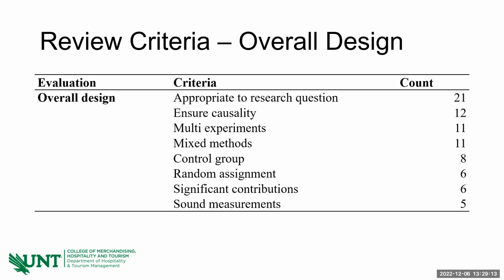When we look at their review criteria, first of all, the overall design. As I said before, you have to look at the research question and see if it is suitable for experimental design, and what the theoretical contribution behind your experiment is.